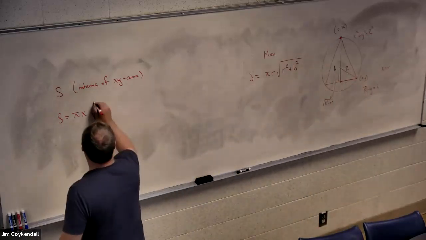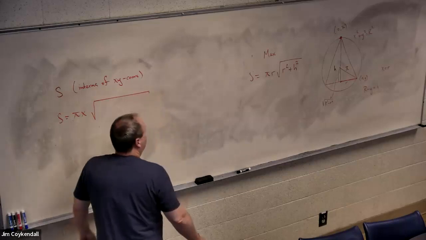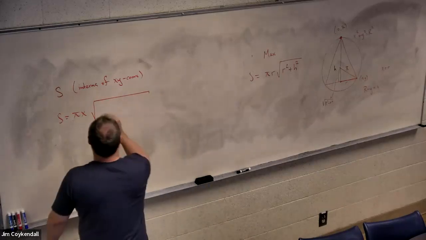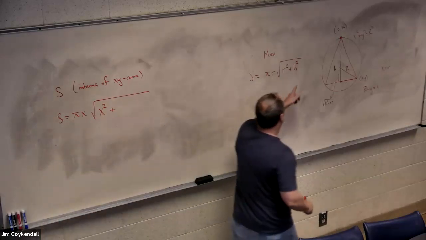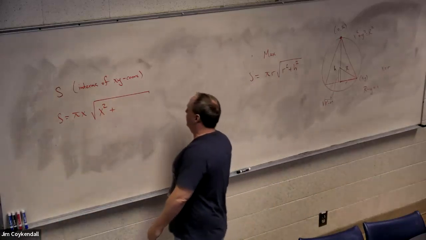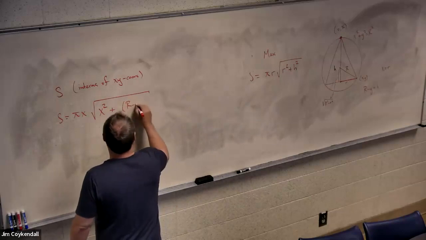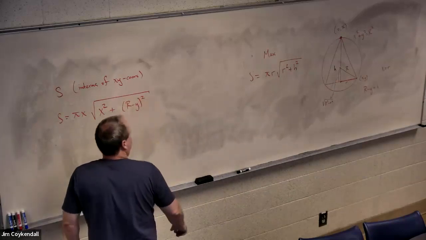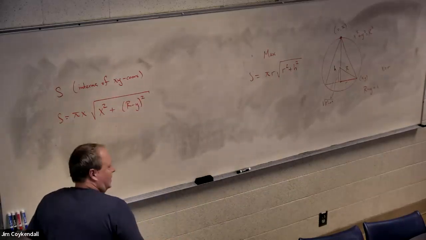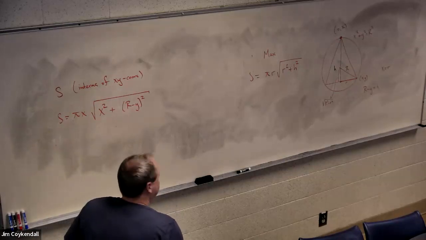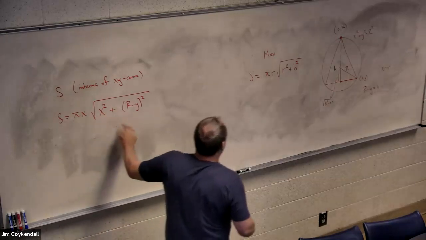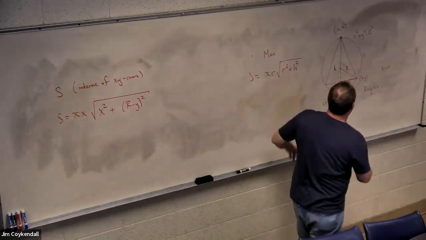It becomes pi x times the square root of x squared, again, plus h squared. Everybody agree with that? I replace r with x and I replace h.